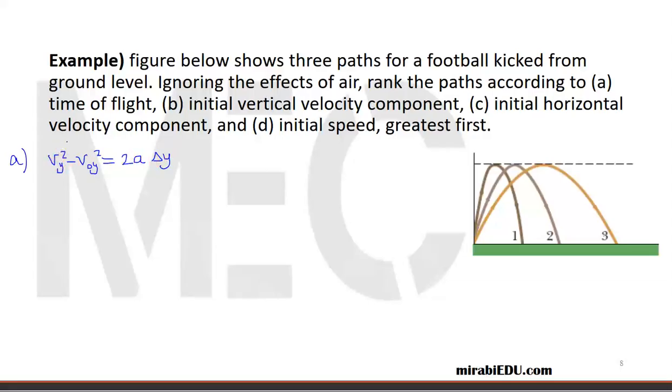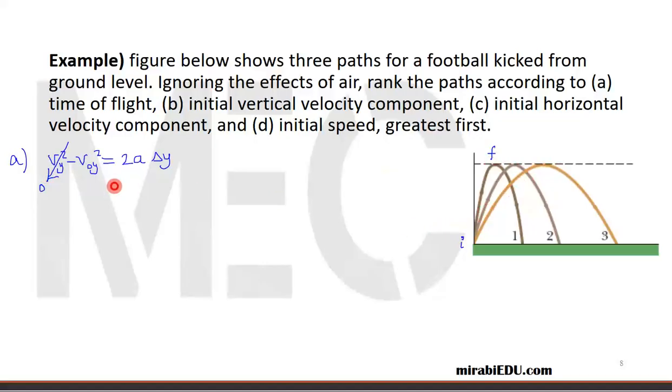Vy will be 0 at the maximum height. I'm taking the initial position as i and the maximum height as the final position. In the final position, the vertical component of the velocity is 0 in all 3 cases, no matter which one.